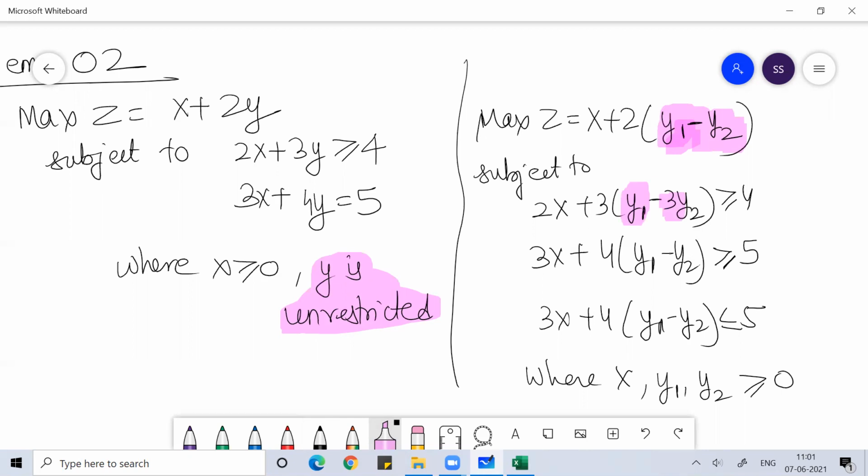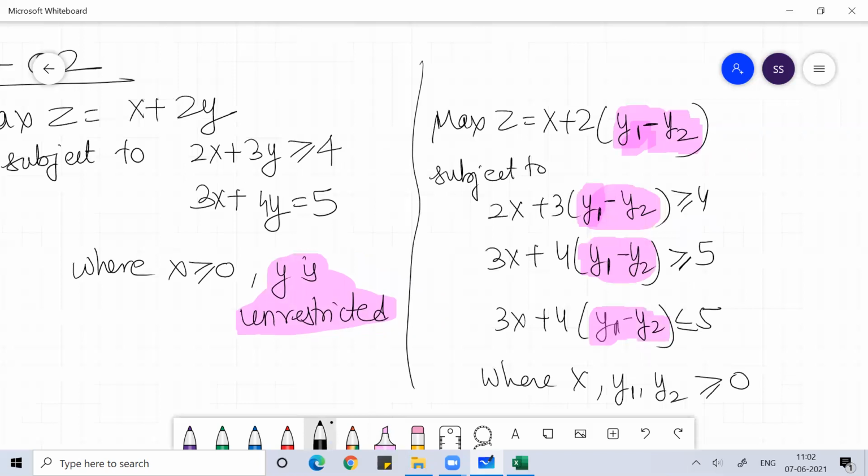Let y is equal to y1 minus y2. When you're solving an LPP problem, if you see this concept of duality and you see this sign called unrestricted, it means this only. Please remember this. Clear everyone? Anyone have any doubt?